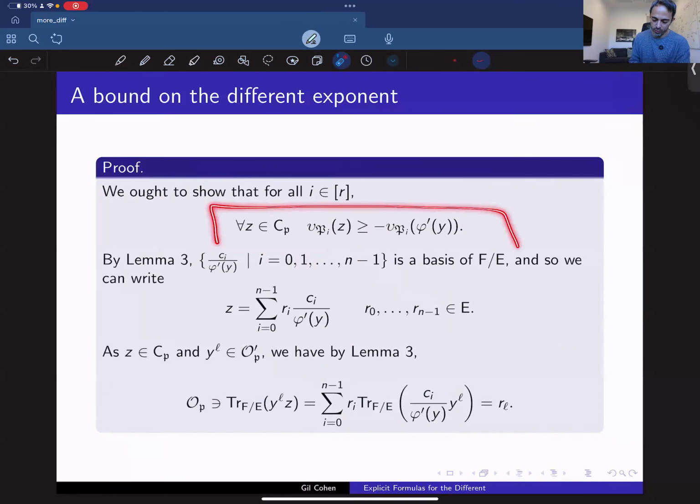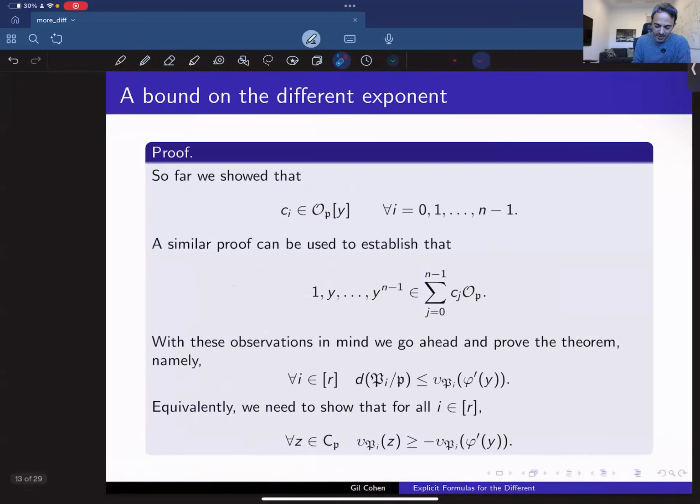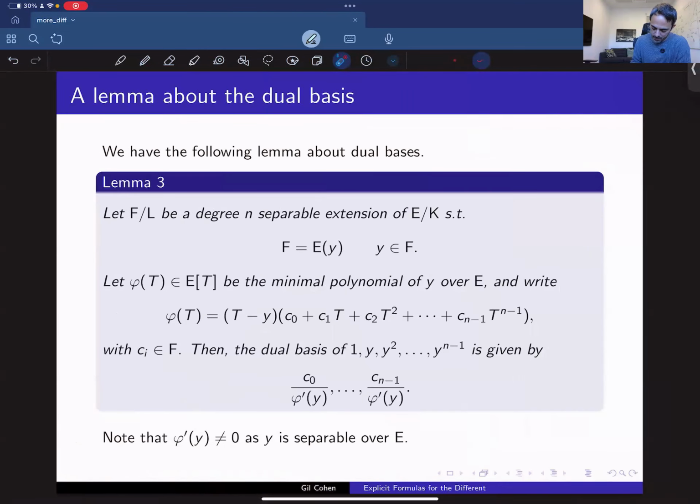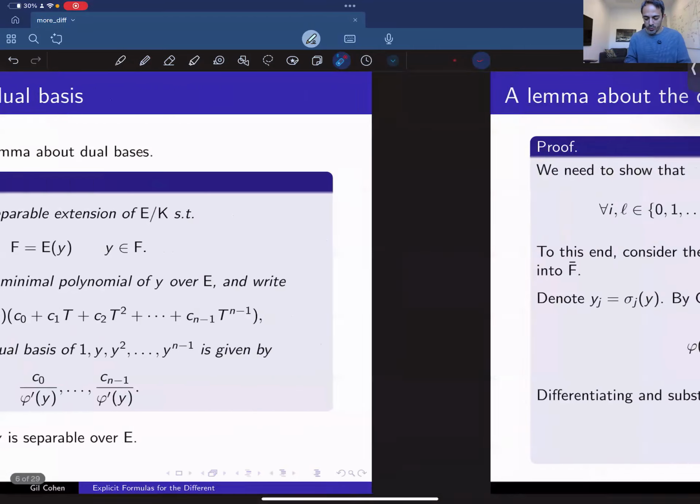So I just recalled it here. What we want to prove is that for every Pi above little p, and for every Z in the complementary module of little p, you have this inequality. Now, by the lemma that we proved before, lemma 3 tells you that this sequence is the dual basis of 1, y, y squared, and so forth.